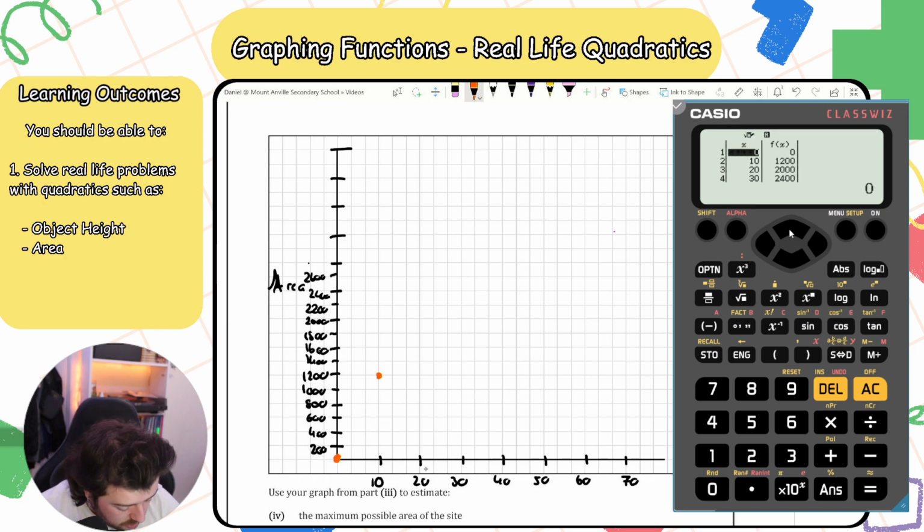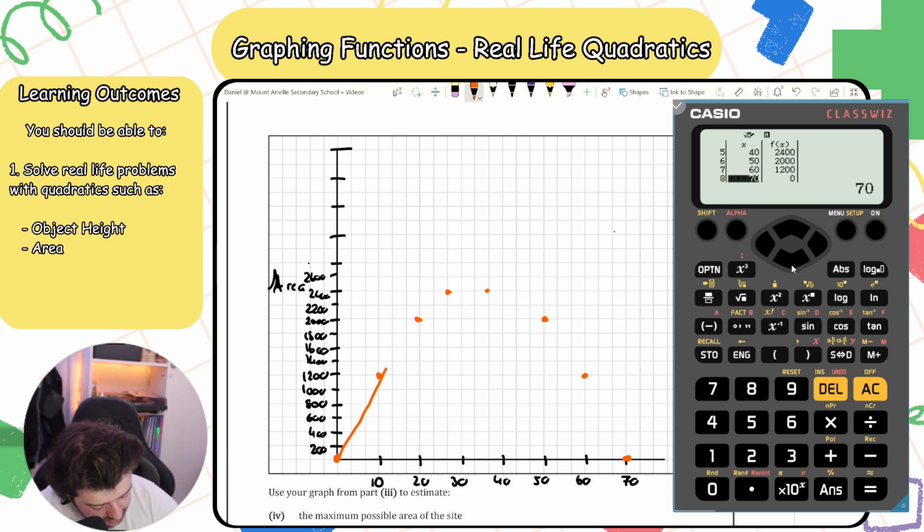When my width is equal to 20, it's equal to 2,000. 30, 2,400. 40, 2,400. 50 is going to be 2,000. 60, 1,200. And then when my width is 70, my area is back equal to 0.